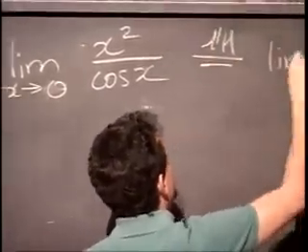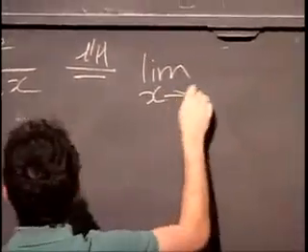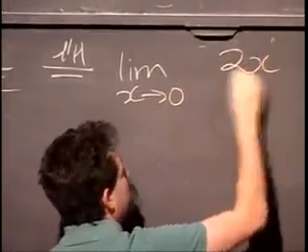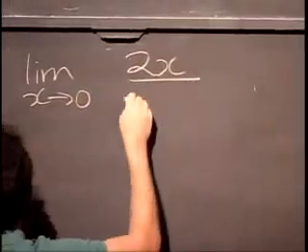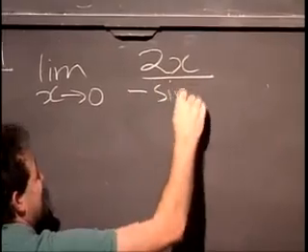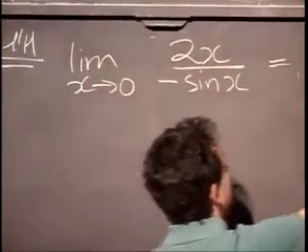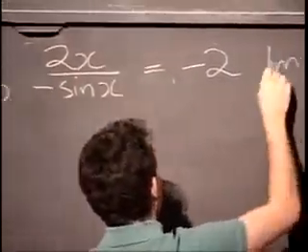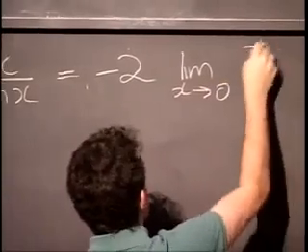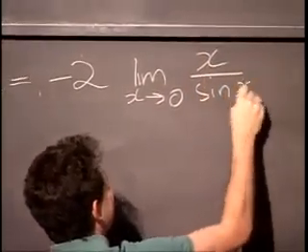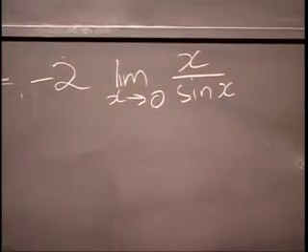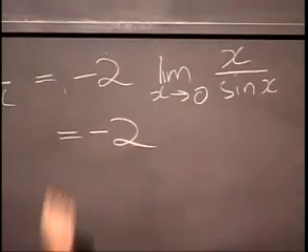You get the limit as x goes to 0 of the derivative on the top, 2x, and the derivative on the bottom, minus sine x. And actually, I can pull out the minus 2, and I get the limit as x goes to 0 of x over sine x. This is just the reciprocal of sine x over x, and you get minus 2.